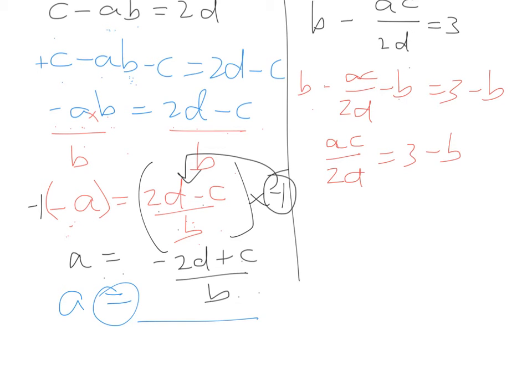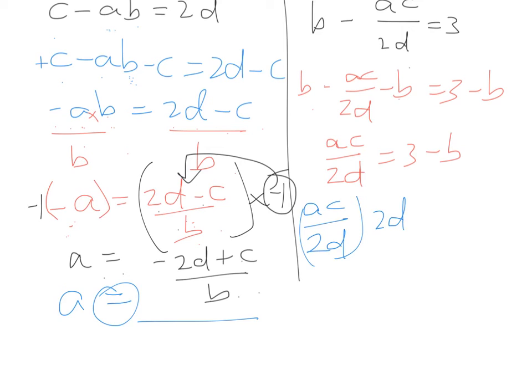Now, for things like this, we can make life a little bit easier for ourselves. If we look at this, we are dividing by 2D, so that means we've got to multiply by 2D. And what we do to one side, we do the other side. So over here, we're going to say AC over 2D, we're going to multiply that by 2D.